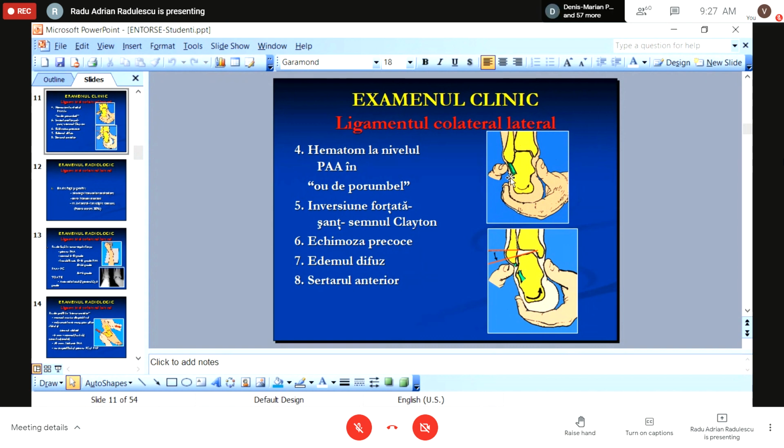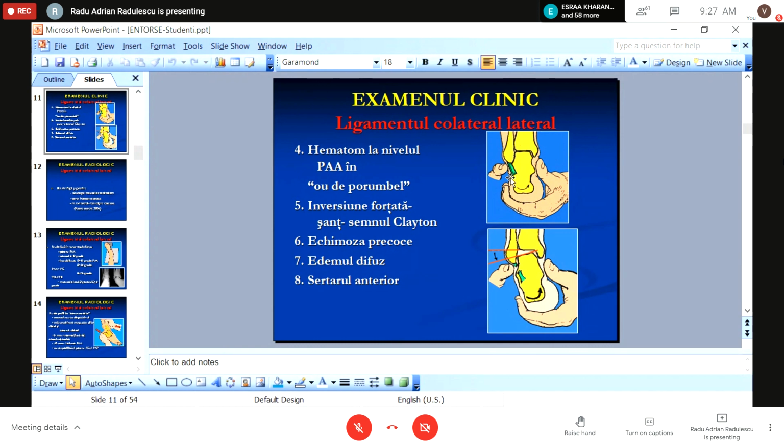Diagnosis of the ankle sprain is very easy to put by palpation, if, of course, the examiner knows exactly the area where the ligament components are located.